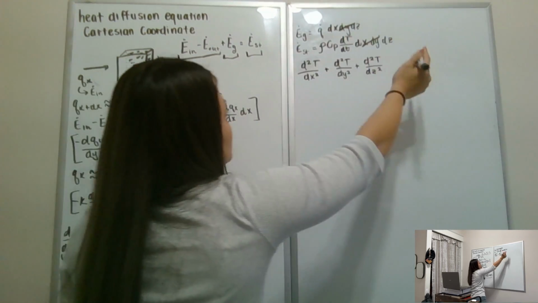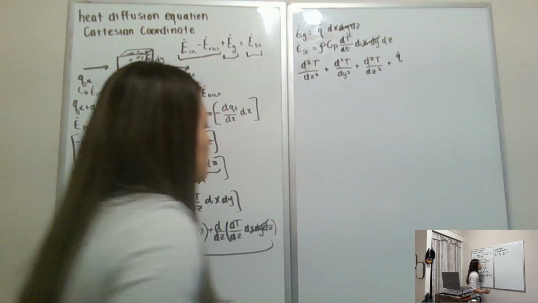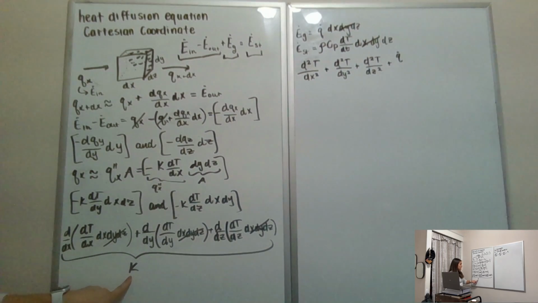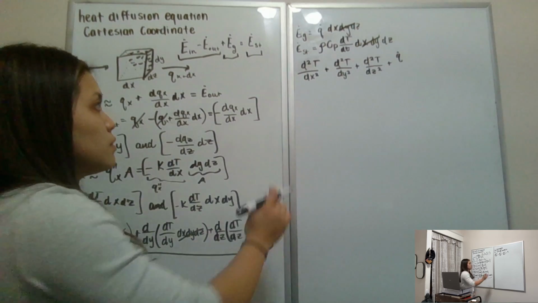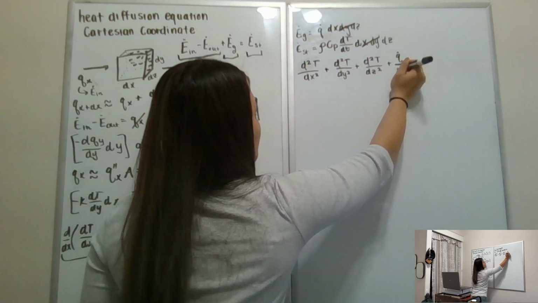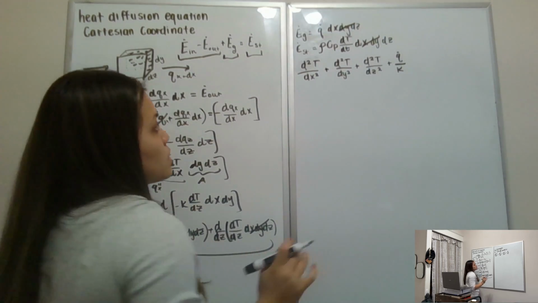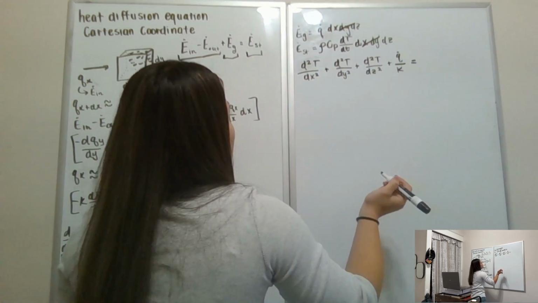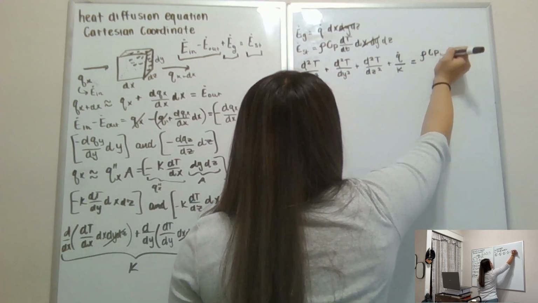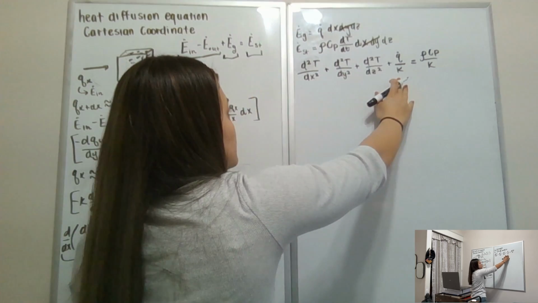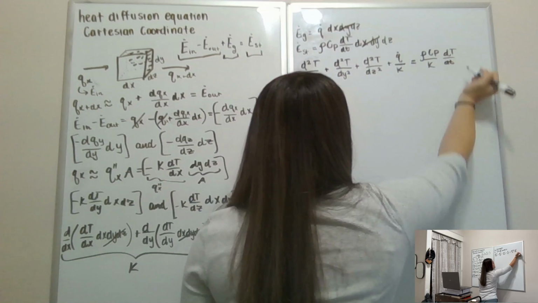Then we have the energy generated, plus the heat generated divided by K, because we divide all of these by the K value, which gets rid of it for this term but puts the thermal conductivity underneath the heat generated, is equal to the energy stored. So we'll have the density times the heat capacity divided by the thermal conductivity K times the change in temperature with respect to time.